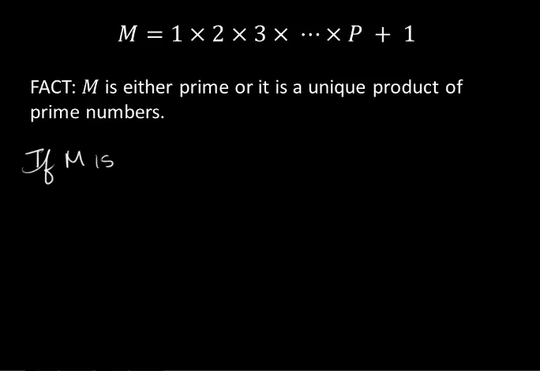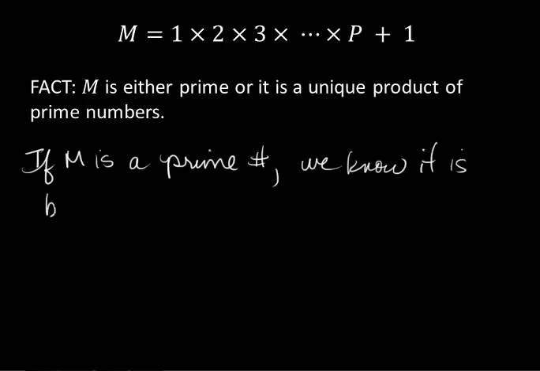If m is a prime number, we know it is bigger than p. We just said before, we showed it with p equals 7.